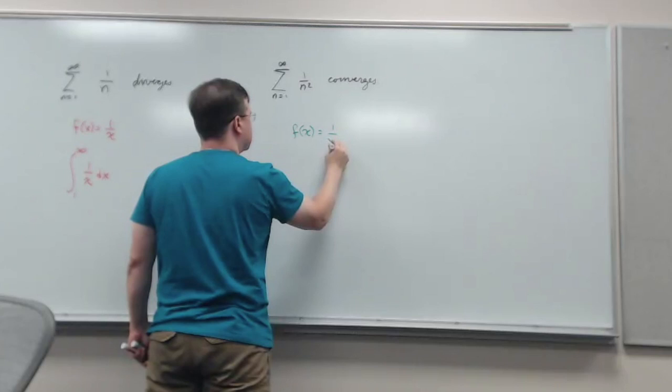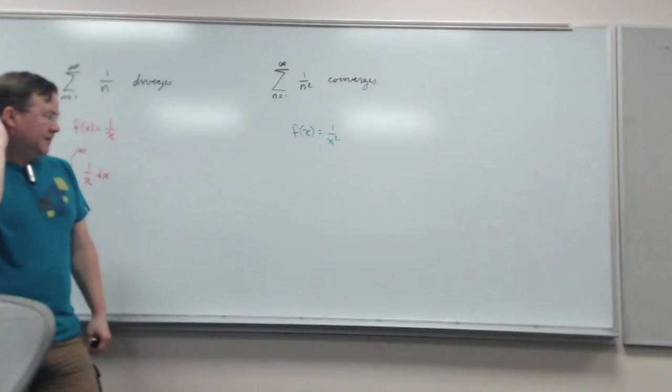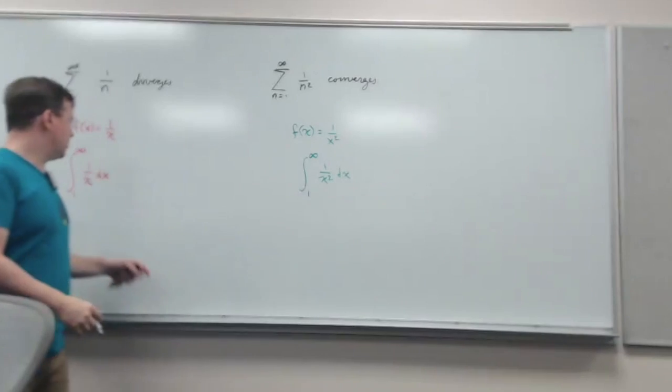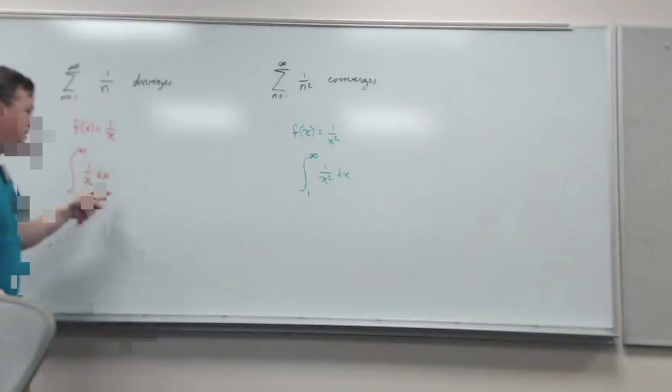This is a continuous function, whereas the series is technically a discrete function, since you're only plugging in whole numbers. And so I could throw the integral test at it, and whatever's going on here and here is going to answer the question as to what's going on up there.